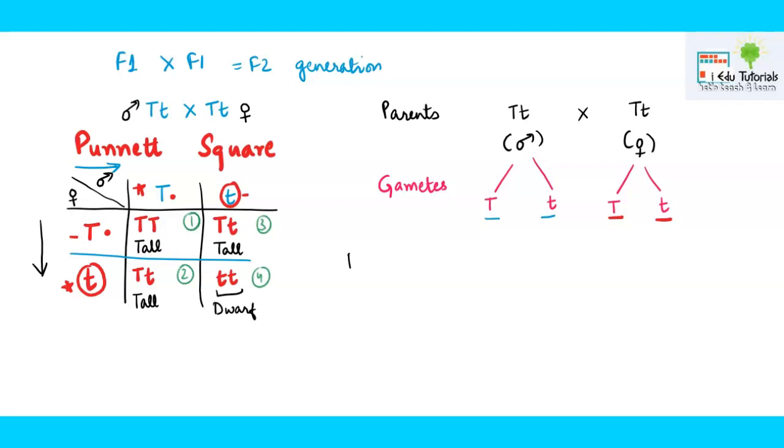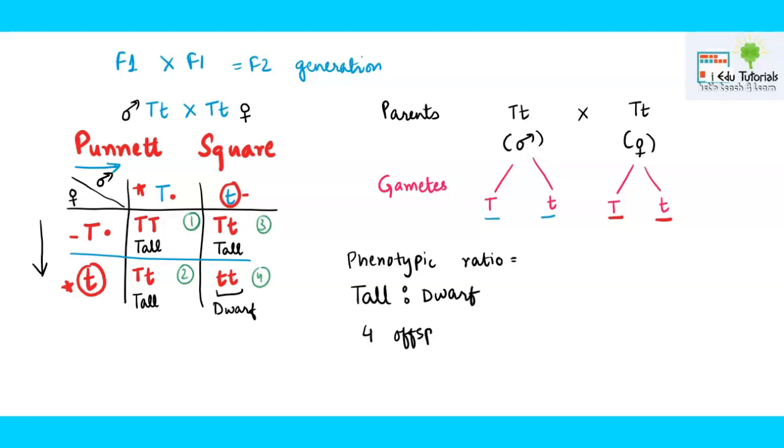So if you calculate the phenotypic ratio, in this case, phenotypic ratio means how many individuals are of which morphology. So there are 2 morphologies which we have received. One is tall and the other is dwarf. How many offsprings have we received in total?